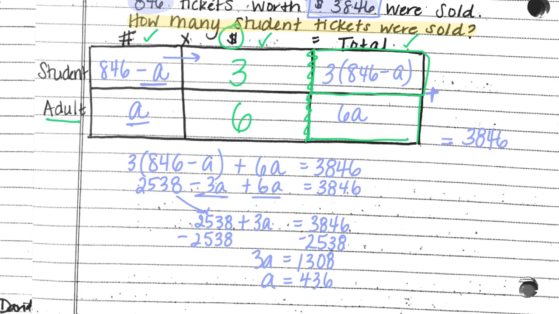So if this is 436, to find the number of student tickets, I'm just going to take 846 and subtract 436, and we get 410 tickets. Now, I am not a picky teacher. You do not have to write tickets.